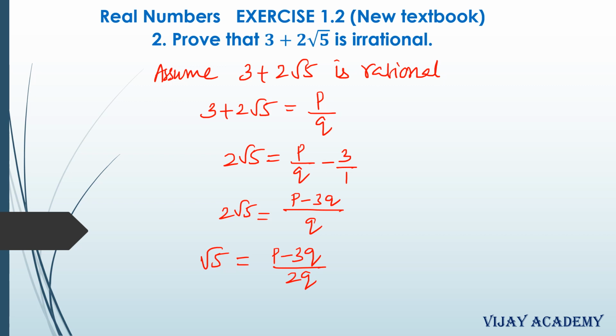Now look at the equation that we get here. In the LHS we have an irrational number, but in the RHS we have a rational number. So this never happens. An irrational number cannot be equal to a rational number. So this contradicts the assumption.